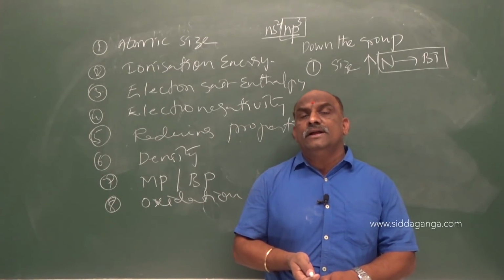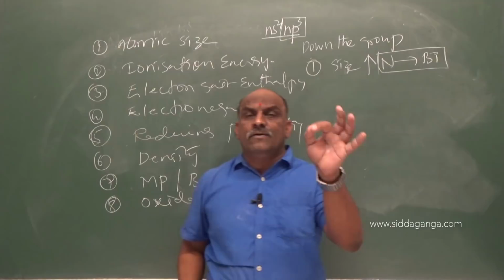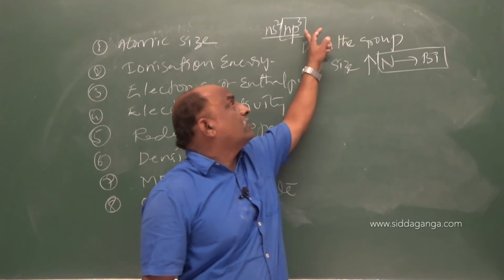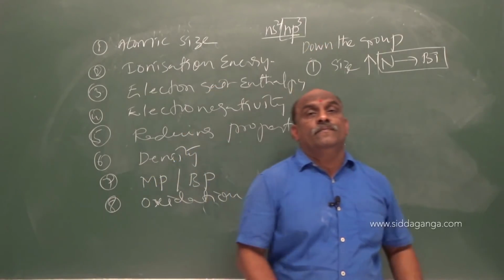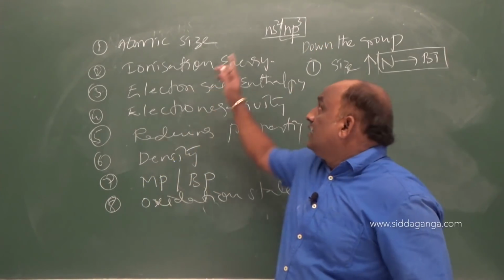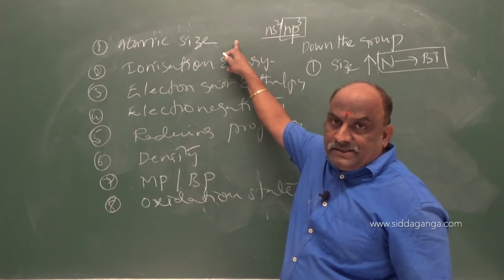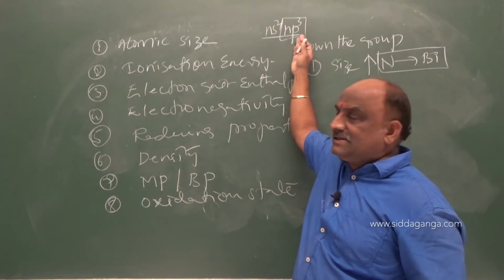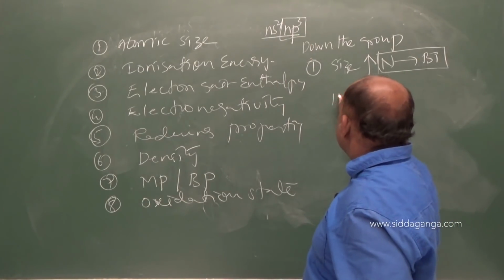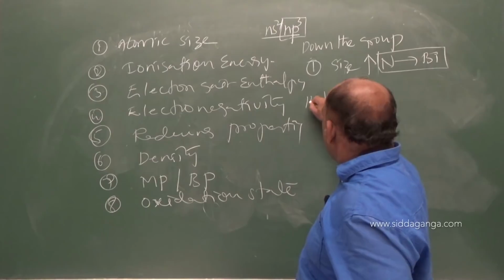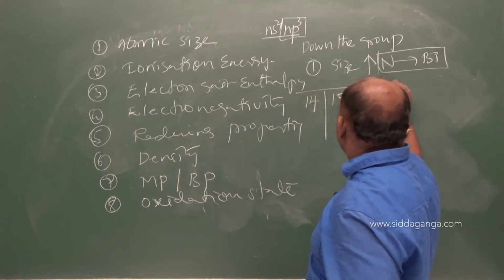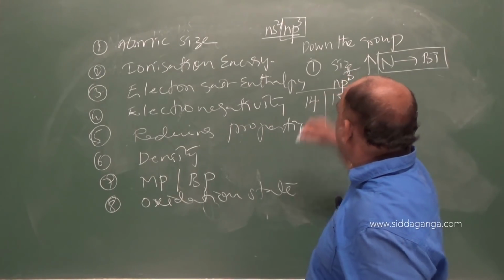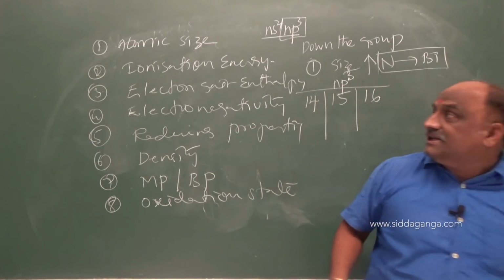We require more energy to remove an electron from the outermost shell. So compared to 14th group elements and 16th group elements, the 15th group elements have the half-filled configuration np3.